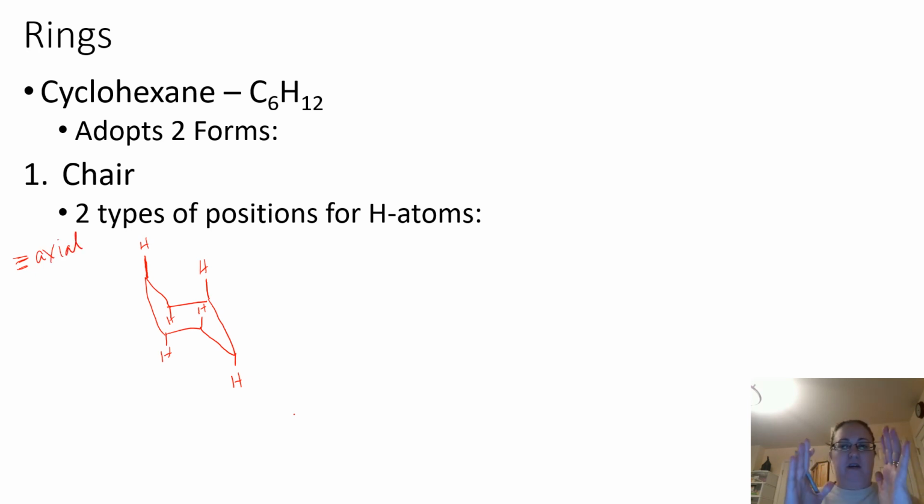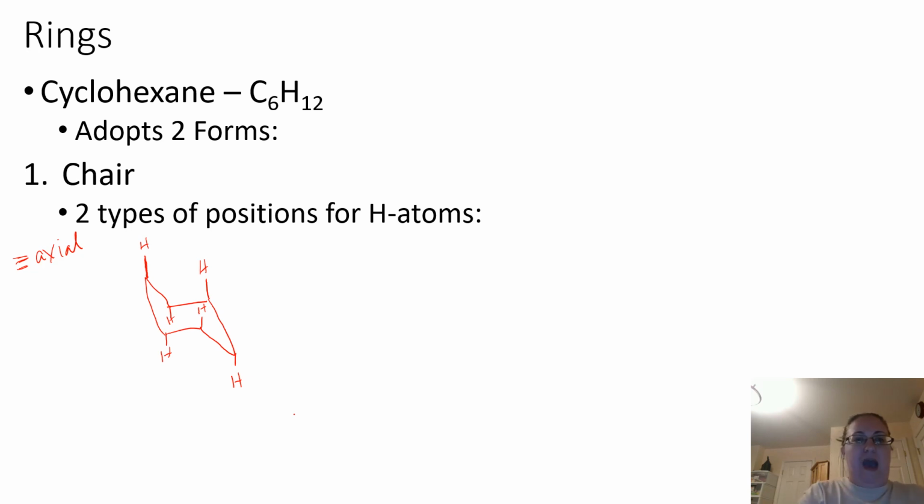They are perpendicular to the chair itself. They're straight up and straight down. And if you've noticed, as I've gone along all the carbon atoms, they alternate the direction they are pointing. It's pointing straight up, the next one is pointing straight down, straight up, the next one straight down. These are what we refer to as our axial positions.